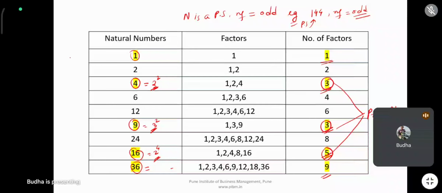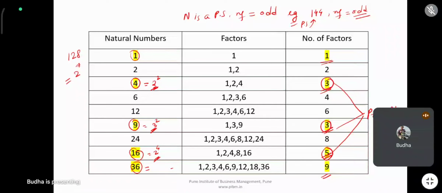Say for example, 128. 128 is nothing but 2 raised to power how much? 2 raised to power 7. But it's not this. Now look at this.